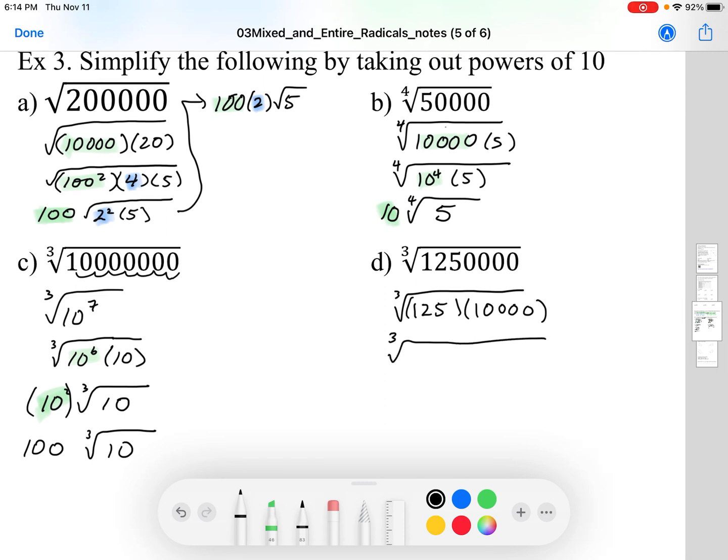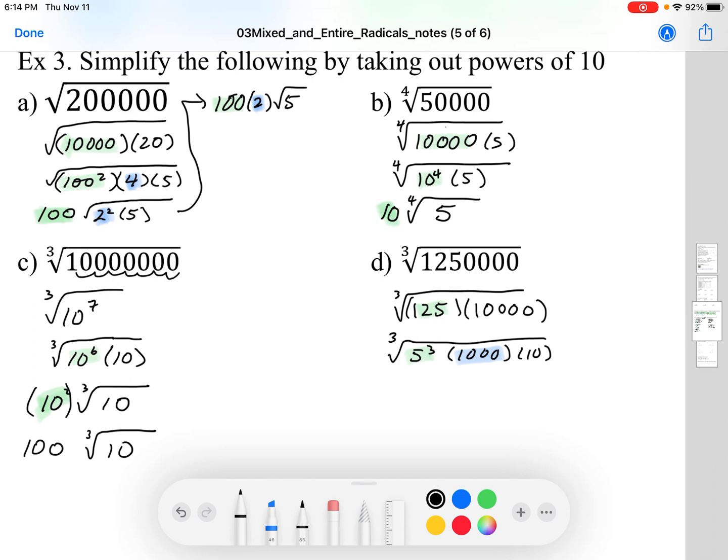I know 1,000 is 10 to the power 3, so I'm going to factor out the 1,000. I'm going to first convert that to 5 to the power 3, and then factor out a 1,000 times 10. And that 1,000 is going to be a perfect cube as well.